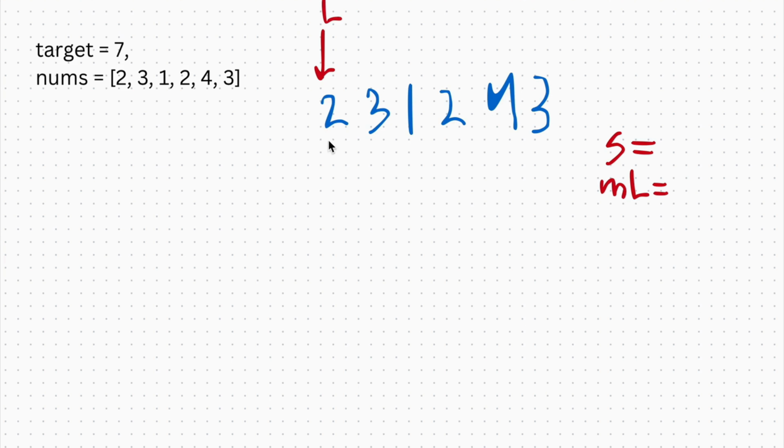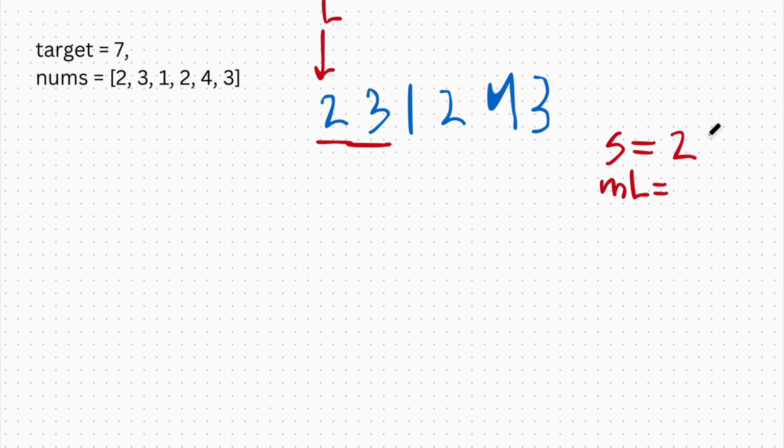Our first window, let's take the first subarray, the first element. We have 2, so the sum is 2. Now 2 is less than 7, the target. 2 is too small compared to 7, so let's expand our window to take the next element.